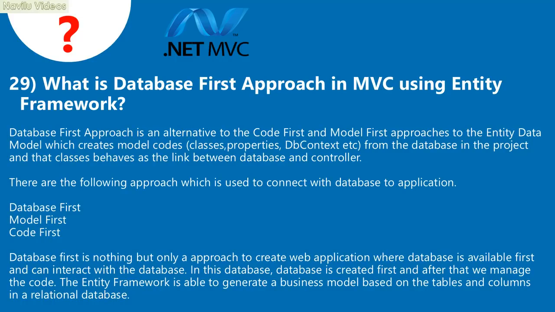The following approaches are used to connect a database to an application: database first, model first, code first. Database first is an approach to create a web application where the database is available first and can interact with the application. In this, the database is created first and after that we manage the code. The entity framework is able to generate a business model based on the tables and columns in a relational database.